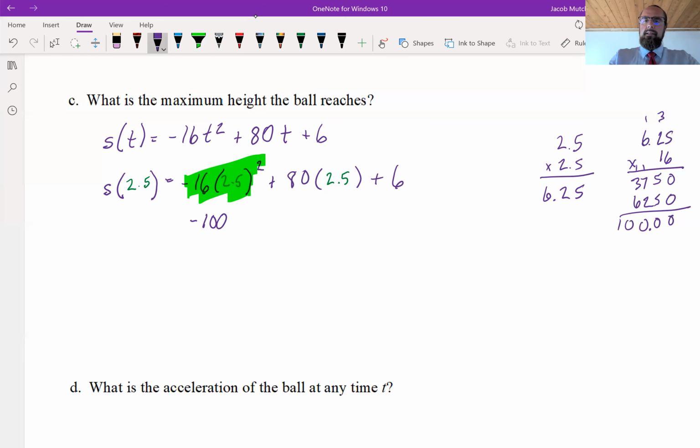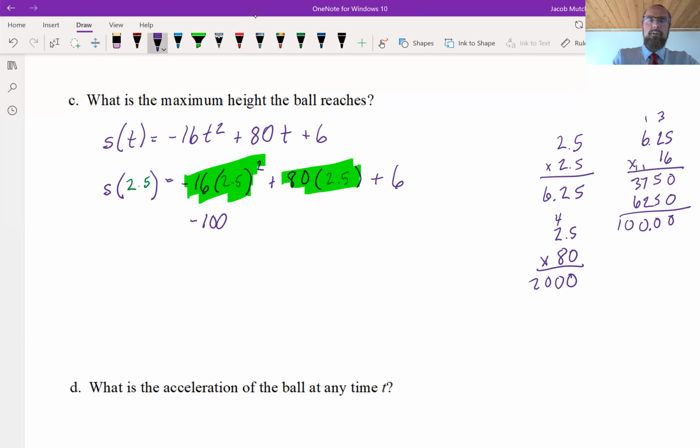And then let's add the next term. So again, now we're looking at 80 times 2.5. So we'll multiply that out. We'll put the 2.5 first since I got that 0 in the 80. So 0, and then 8 times 5 is 40. 8 times 2 is 16, 200.